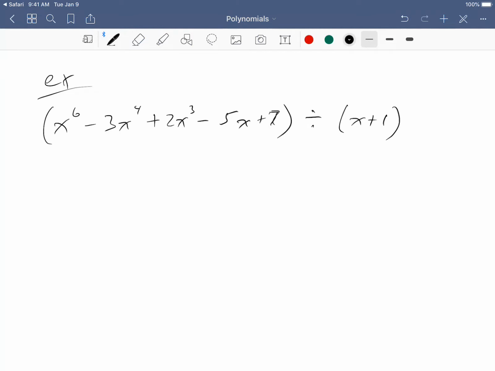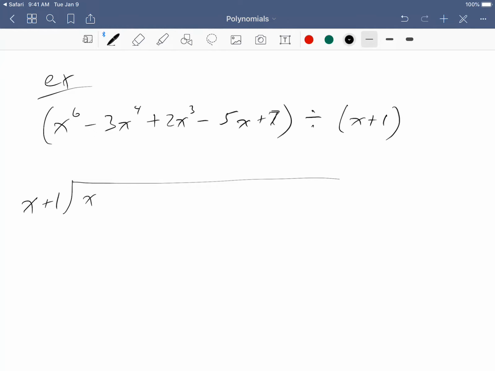We'll need it every once in a while in this chapter. If I want to divide this and figure out what the remainder is, I can do this with synthetic division. I actually don't remember how to do that, but I do know how to do long division with polynomials, so I'm going to try that.